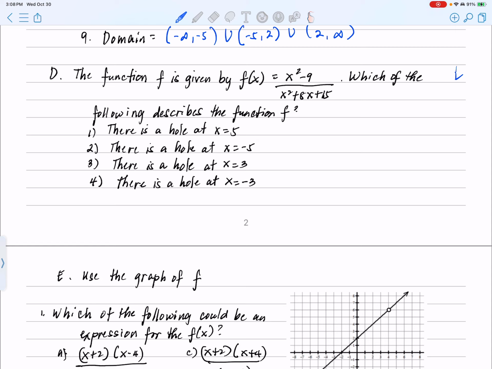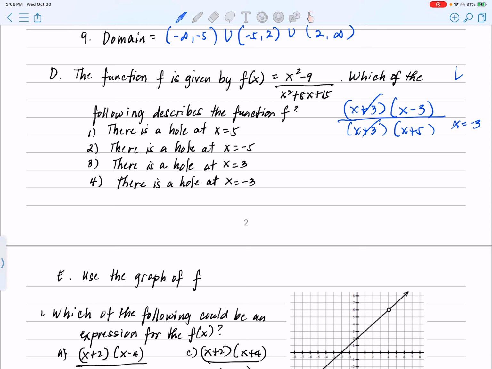X squared minus 9 is the difference of 2 squares, so that will be x plus 3 and x minus 3. And the denominator, 15 can be factored as 3 and 5. Right? Okay. So we have a hole there. The hole is located at negative 3.